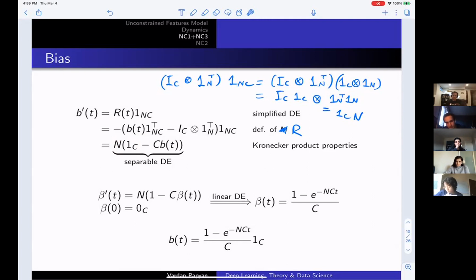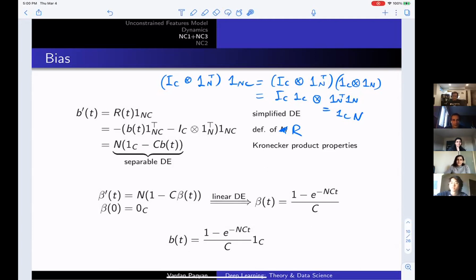Now notice at this point that we've obtained B prime is equal to a vector minus B multiplied by a scalar. So what is your urge? What should you do at this point?